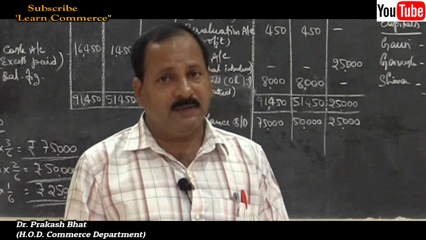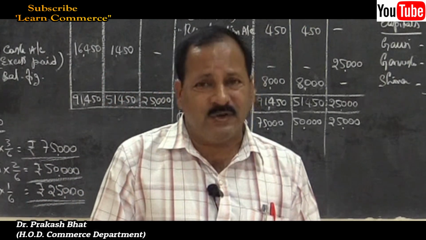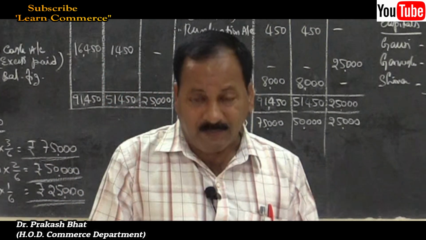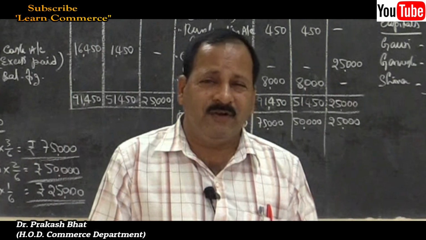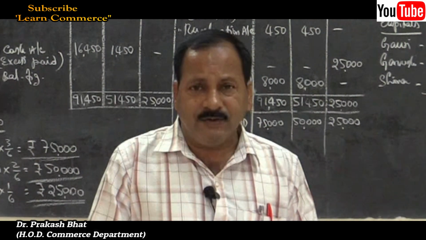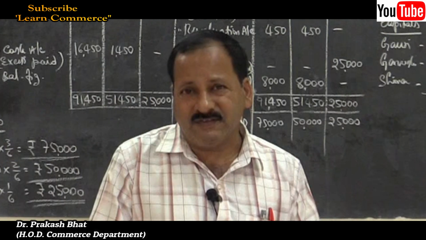Death of a partner is a small chapter. We need not prepare revaluation account, combined capital accounts or balance sheet. Simply we have to prepare either the capital account or the executor's account of the deceased partner, not all the partners. Very small chapter it is.